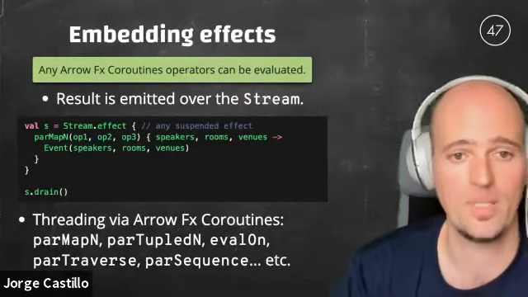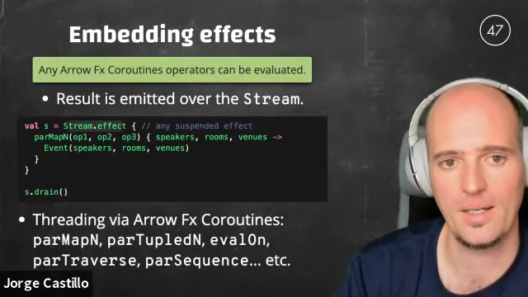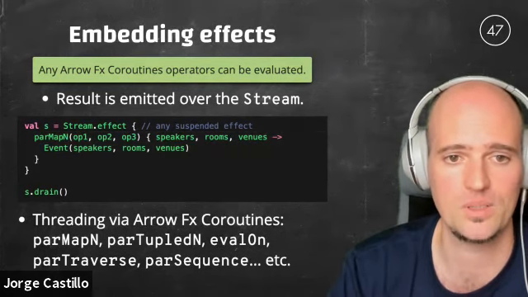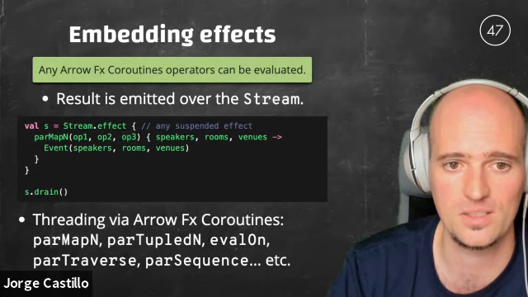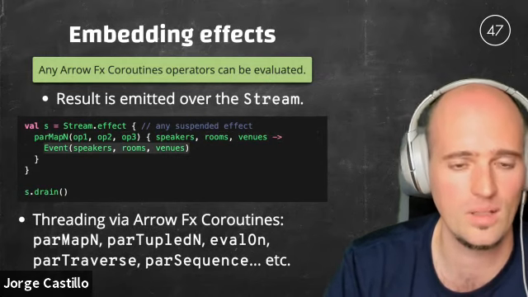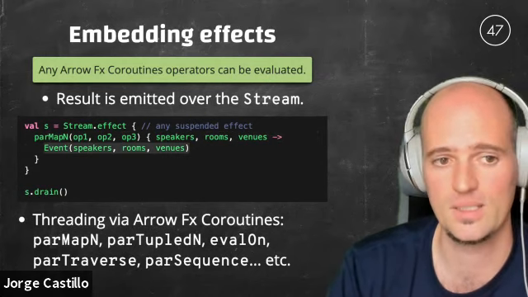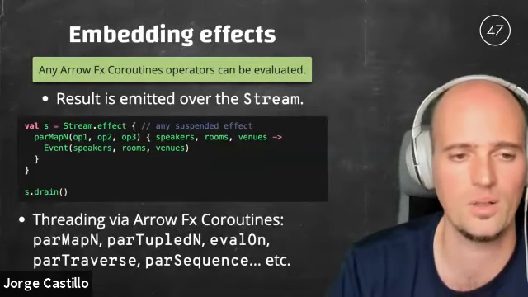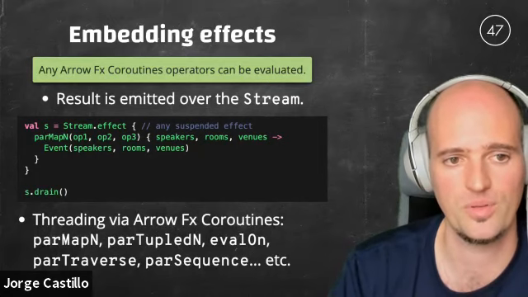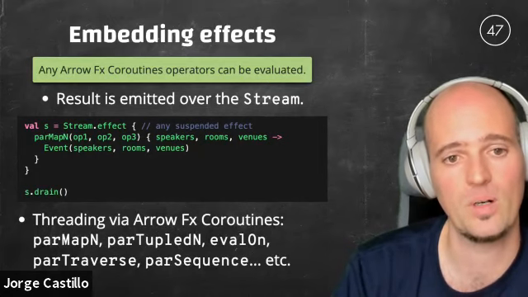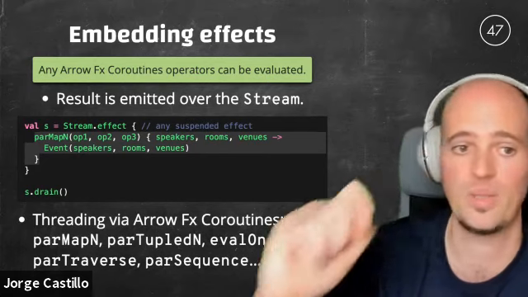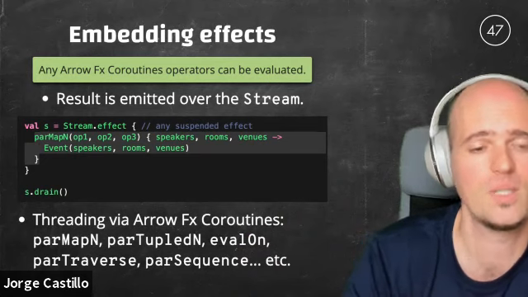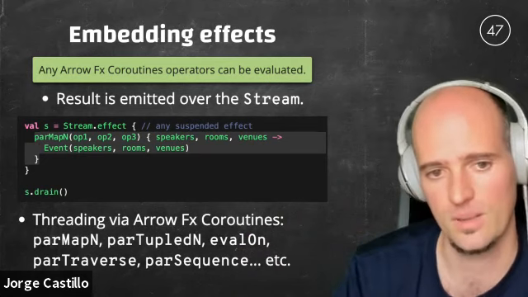So another example of embedding effects, you see how you can wrap your parMap computation into a stream effect, and then the result of these three parallel operations is going to be a combined model that will automatically be emitted over the stream, and then you could even keep computing on top of it, like adding flatMap, or any other operations on top of that, right? So this is a big power, because all of the Arrow Fx Coroutines operators are suspended. So again, we can just evaluate them as part of our stream, so the result gets emitted over the stream.